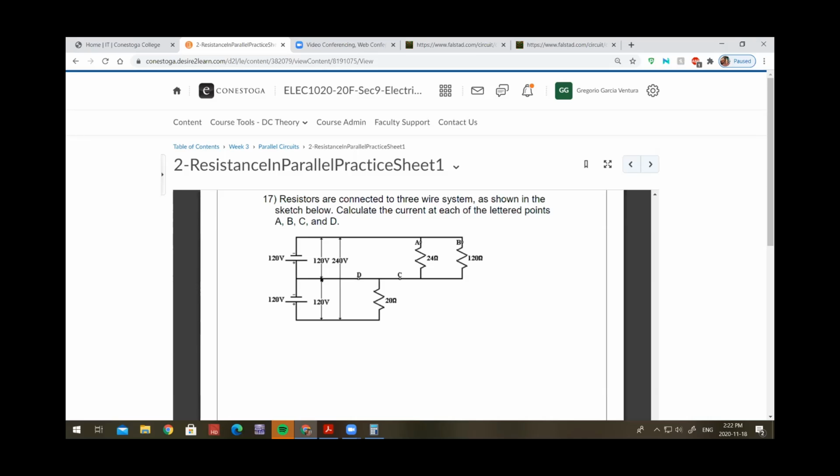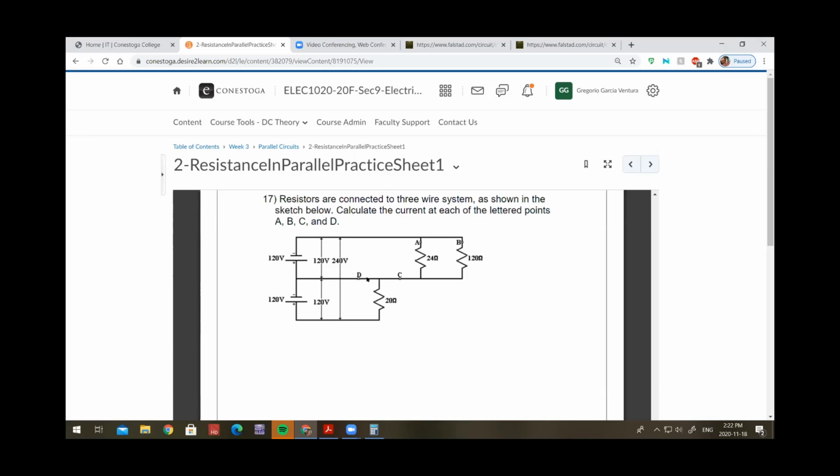The other one is like having line 1 and line 2 and this is your neutral. 120 plus 120 is your 240. In this case, this resistor and this resistor are connected to line 1 to neutral, while the 20 ohm resistor is connected to line 2 to neutral. Make sense now?